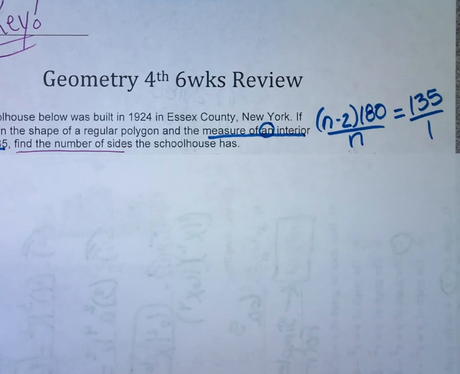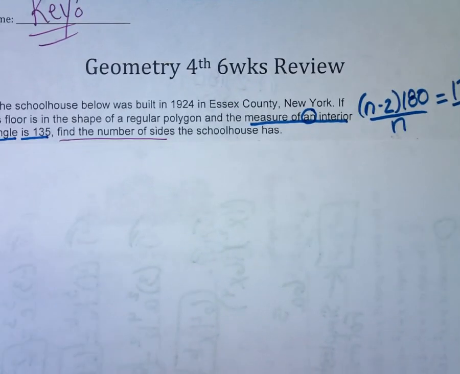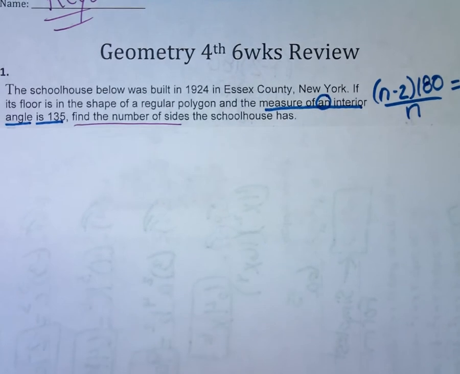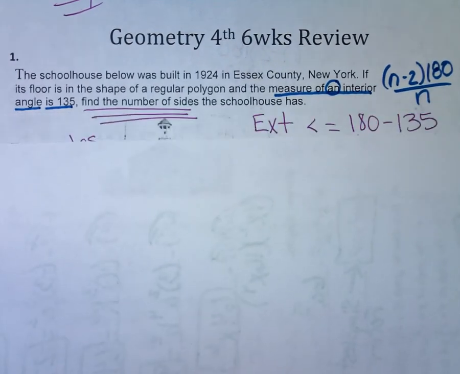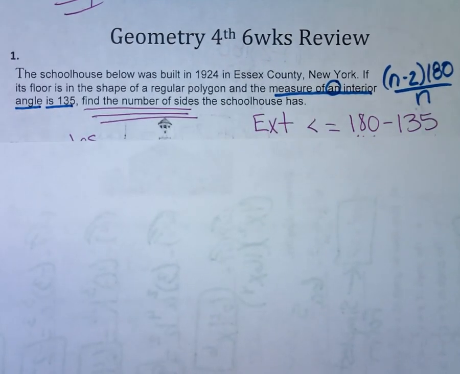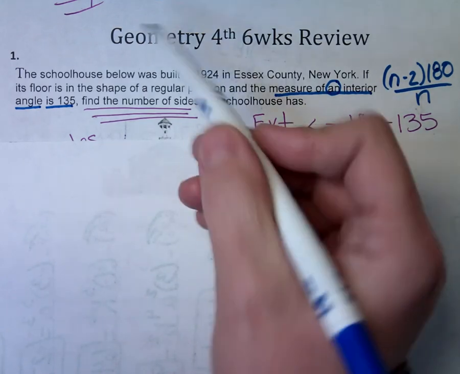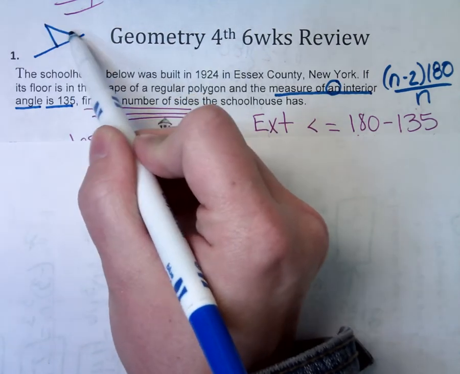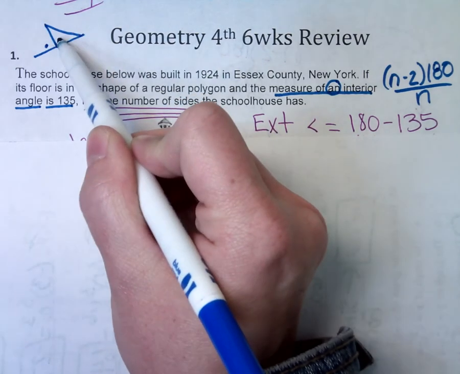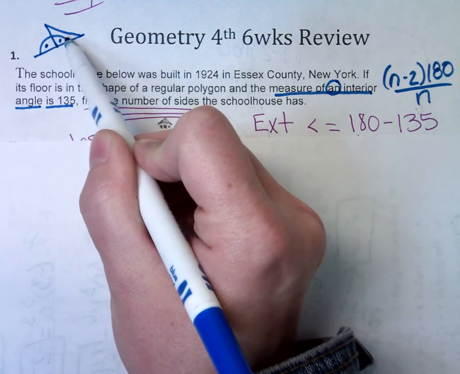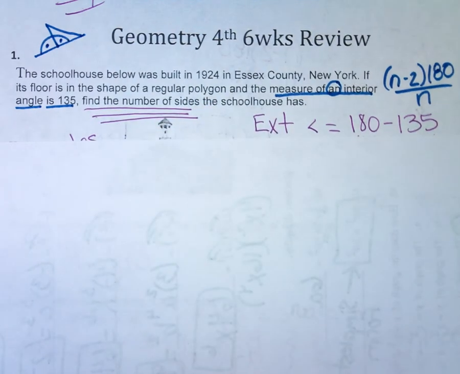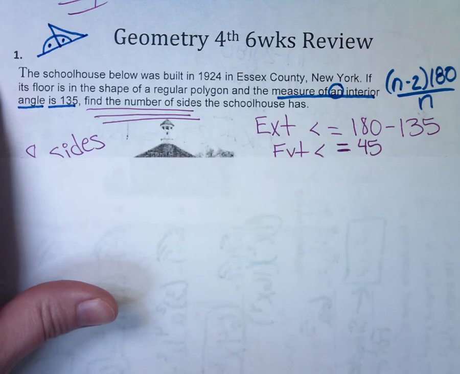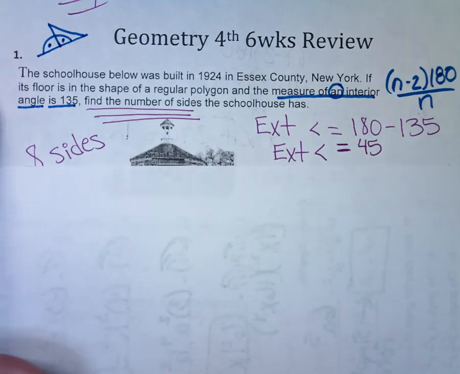The way I decided to do it is, if I know what the interior angle is, I find the exterior. So to find the exterior angle, I take 180 minus 135, because interior and exterior angles always add to be 180, so that's why I did that. So my one exterior angle is 45 degrees.